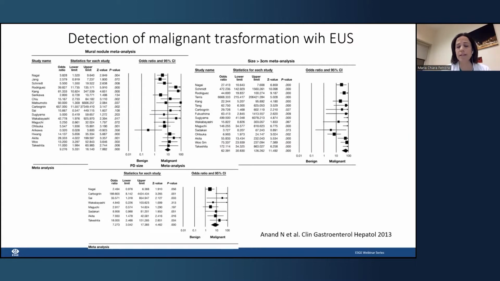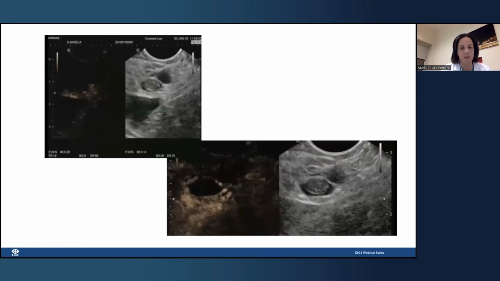But more recently, it has been shown that among these features, the presence of a mural nodule is probably the strongest predictor of malignancy. So if we have a suspicion of degeneration, if there is a nodule, a combined approach with contrast-enhanced EUS should be required, since we can obtain more information about the microvascularization of the tissue.